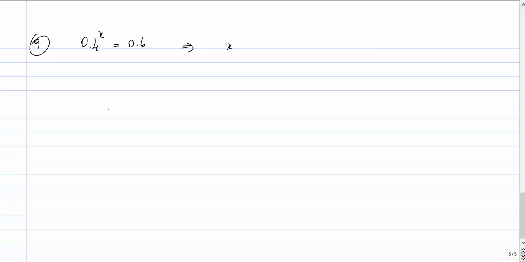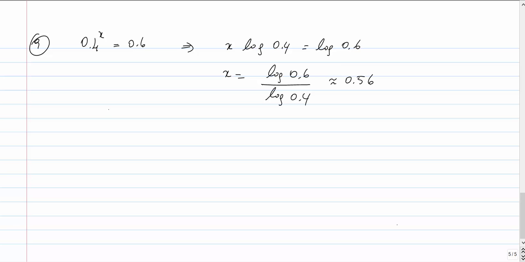I'm going to take a shortcut here. x log 0.4 is equal to log 0.6, and x is equal to log 0.6 over log 0.4, and that will be approximately 0.56.